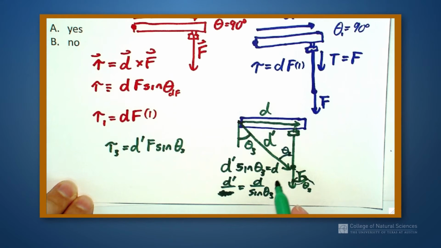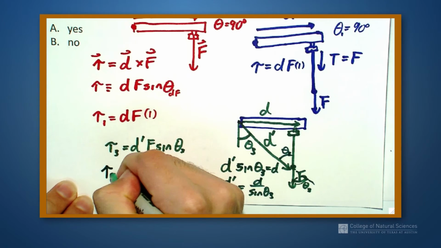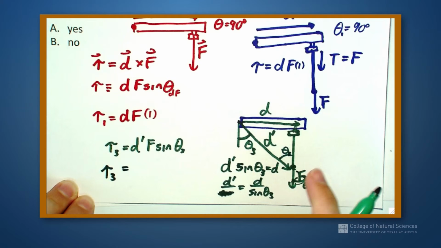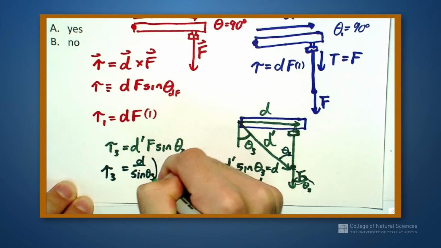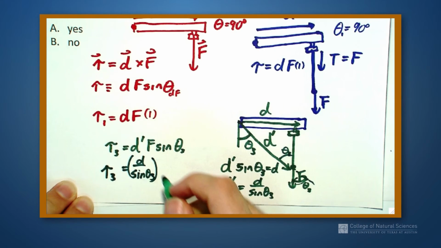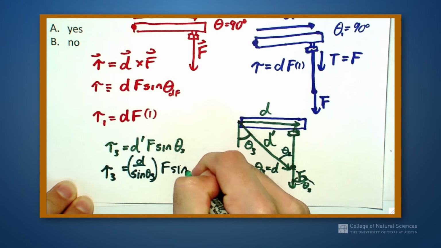So this means that I can substitute in. Tau 3 is equal to d over sine of theta 3, that's d prime, times my force times the sine of theta 3.